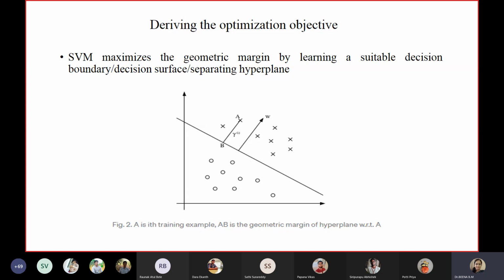Next, the geometric margin should be maximized, and the SVM algorithm maximizes this geometric margin by learning a suitable hyperplane or decision boundary.